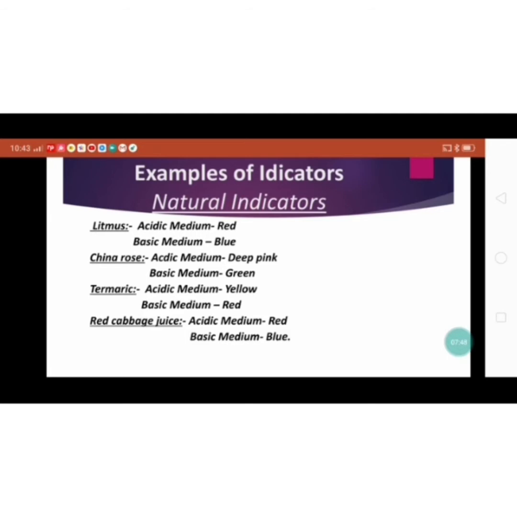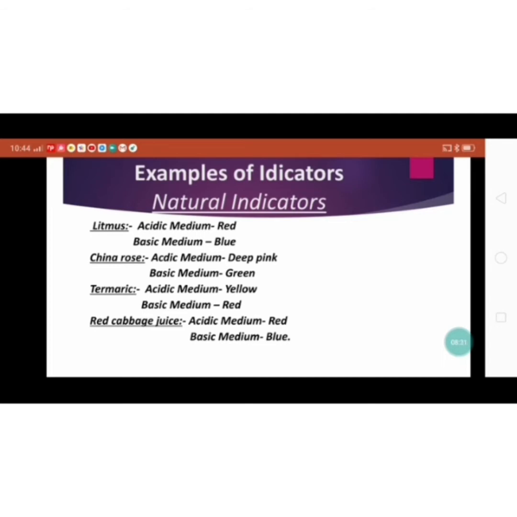Now, the same test we will carry out with a different solution. That is lime water. Lime means calcium oxide. Calcium oxide, when it reacts with water, forms calcium hydroxide. So, the watery substance present on the calcium oxide is actually calcium hydroxide, which is a basic substance.